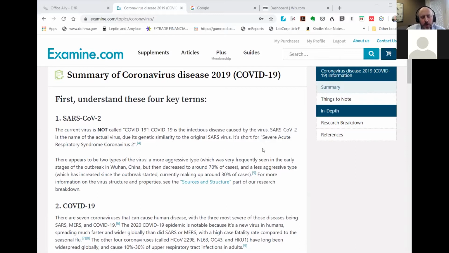So SARS-CoV-2 is the name of the actual virus that causes this viral illness called coronavirus. When they're looking into identifying and testing this particular strain, this is the test.